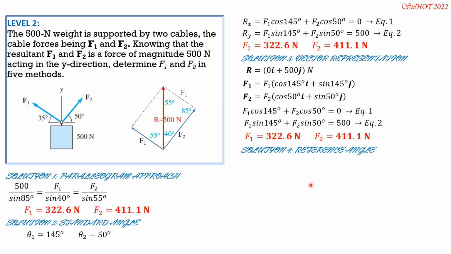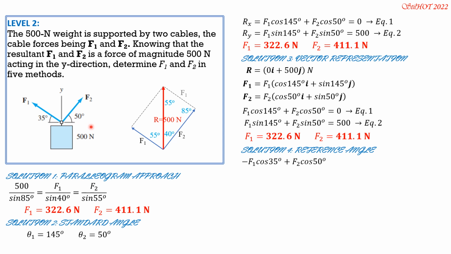Then solution 4, by reference angle. The reference angle of F1 is 35, but it is directed up to the left, so its x component is negative. So Rx is negative F1 cosine 35 plus F2 cosine 50.